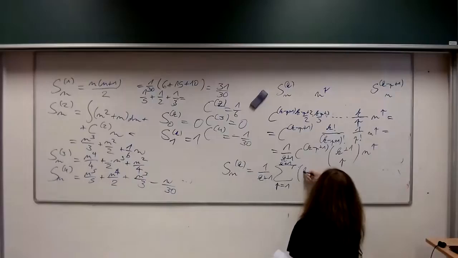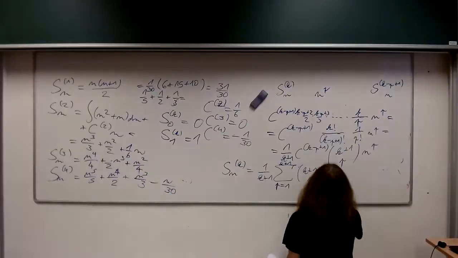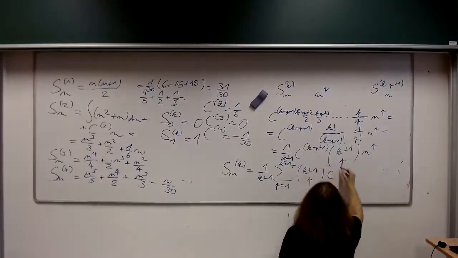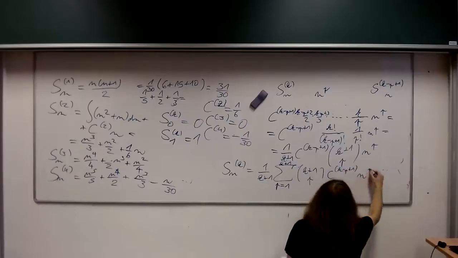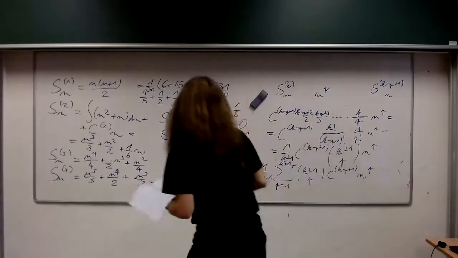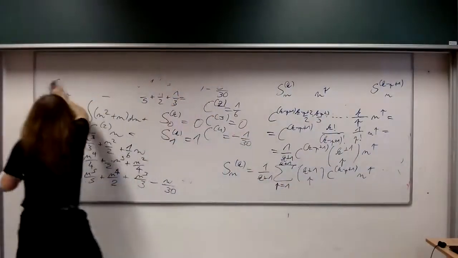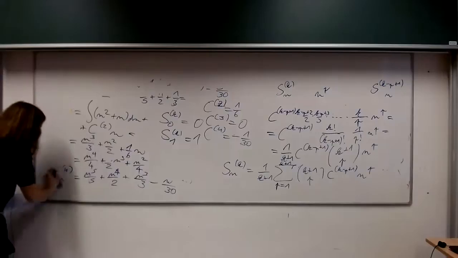And we get all of those k plus 1 choose p. And this can be just rewritten like this. And this is pretty much the formula.